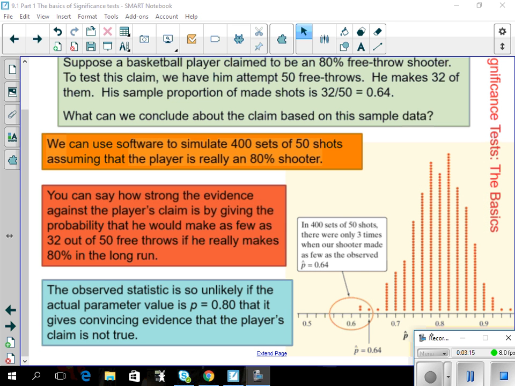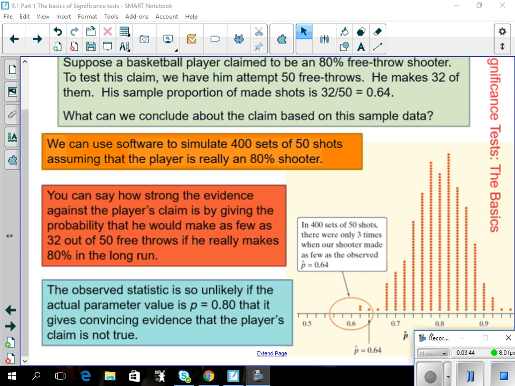400 sets of 50 shots, because that would be a sampling distribution of the same size, right? And we're going to assume, based on those, that he really is an 80% shooter. What would the sampling distribution look like? If I had a software program that just did sample sizes of 50 over and over again, this distribution off to the right here, this graph that we see, might be what it looks like.